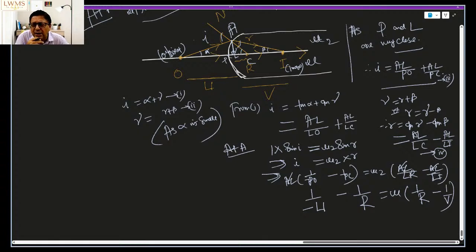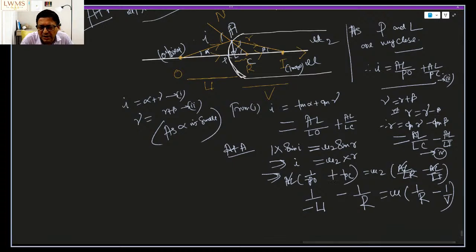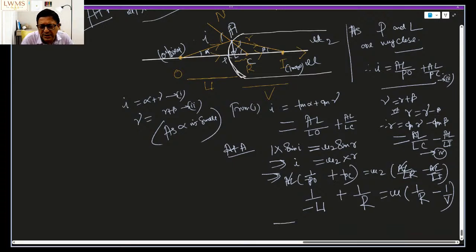Check. R is equal to tan gamma minus tan beta. Tan gamma is what? Oh yes, right, it is minus 1 by PO plus 1 by PC. So this is correct.